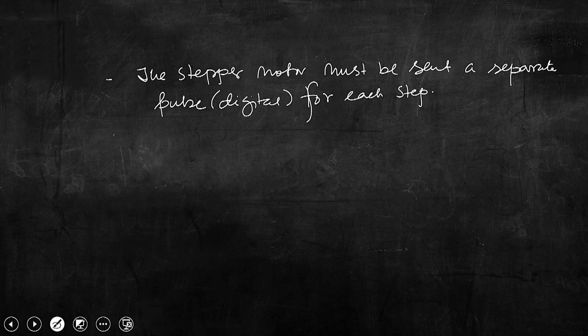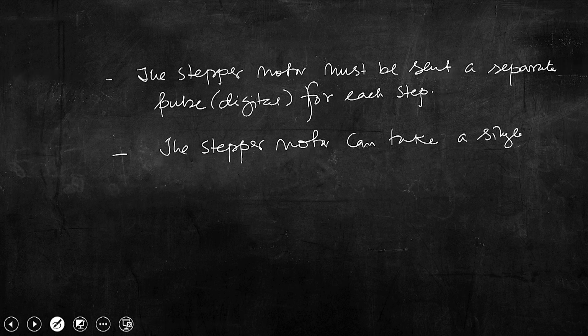Okay. Basically, the stepper motor that we are discussing can take only one step at a time, a single step at a time, and each step is of the same size.